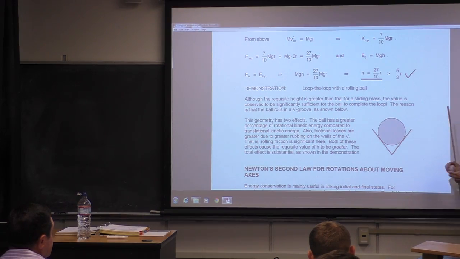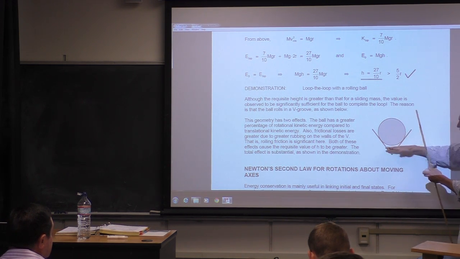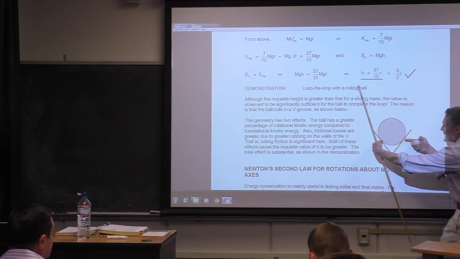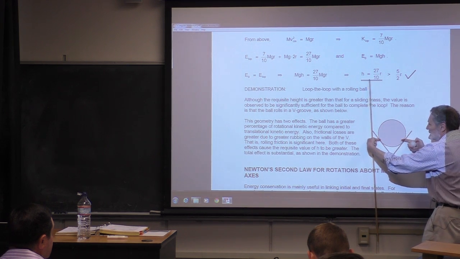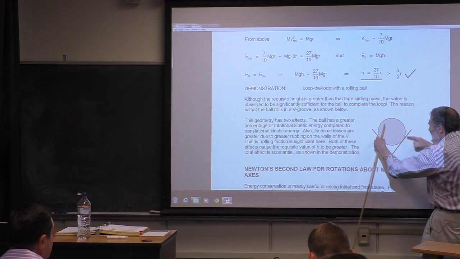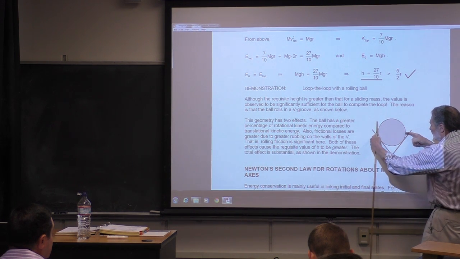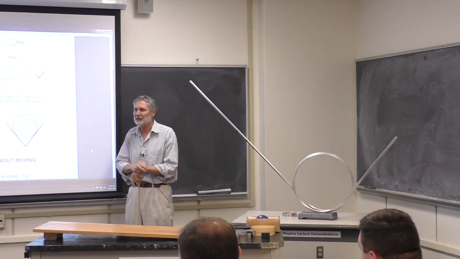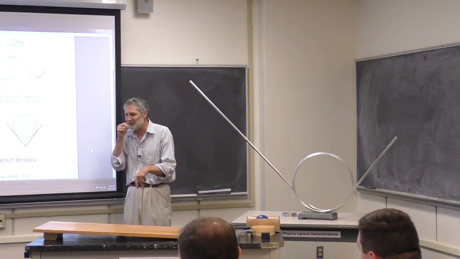First of all, this thing is spinning a lot more relative to its translational motion compared to if it was just moving along here like this. Because it's sitting in this, because the axis of rotation is here, it spins a lot more. In fact, if you could somehow change the angle here and have the axis of rotation just a little bit below there, it's going to spin like crazy and hardly translate at all. There's actually a toy that utilizes that effect.